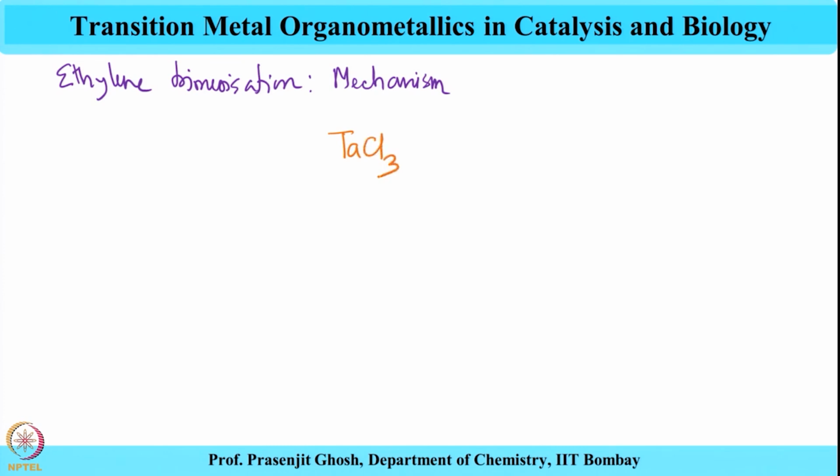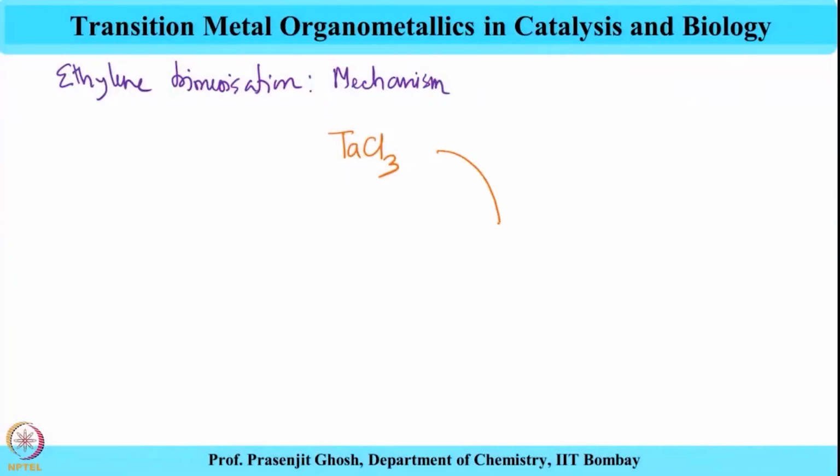Tantalum trichloride, which is highly sterically unsaturated as well as electronically unsaturated, reacts with 2 molecules of ethylene to form this tantalum metallacycle, a five-membered metallacycle.